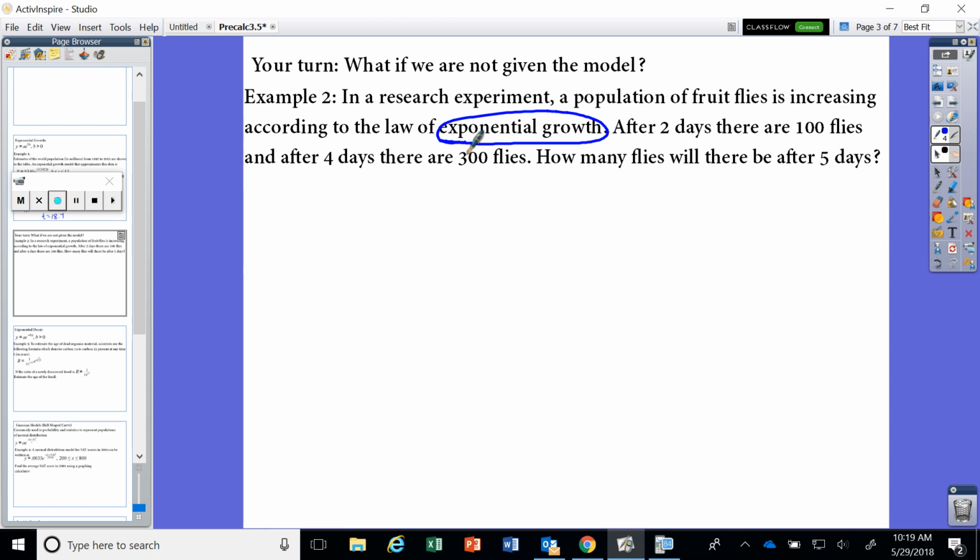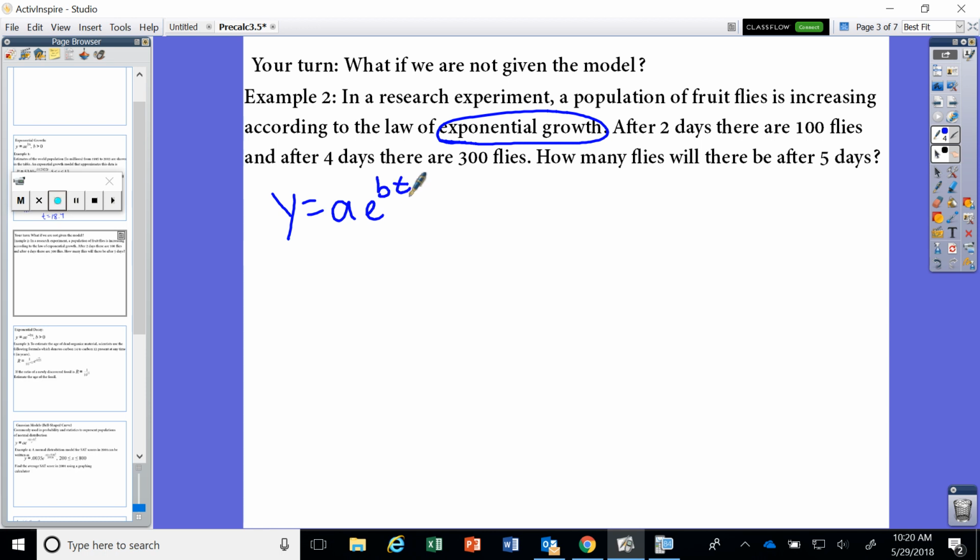Well, situations like this give us information about a scenario specifically. We know the exponential growth model gives us y equals a times e to the bt.